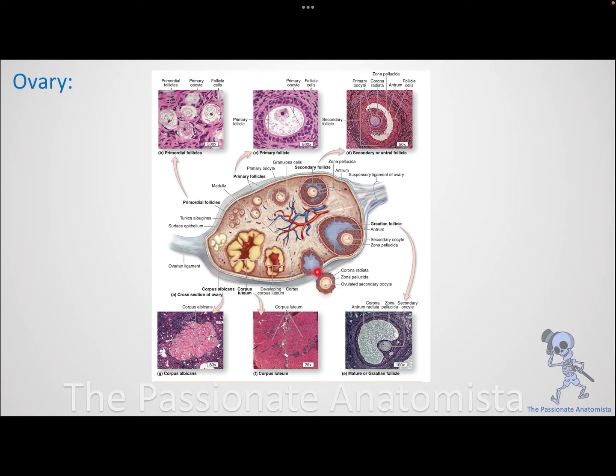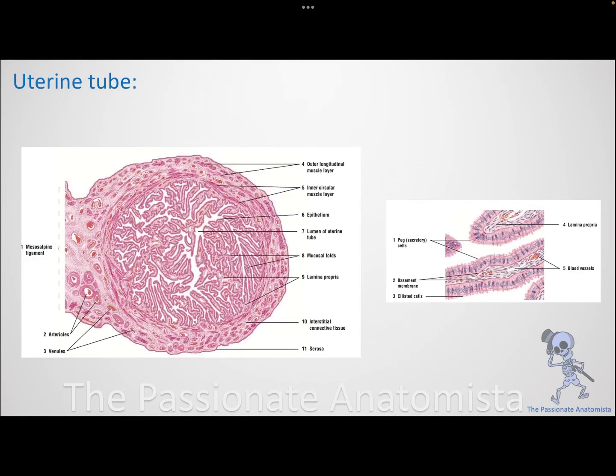Here is during ovulation, all right, and this zona pellucida is important for the acrosomal reaction and activation of the sperms in order to get to fertilize the egg. And it also gives protection to the oocyte itself, and it prevents the oocyte from getting fertilized by more than one sperm. So that's why zona pellucida is very important.